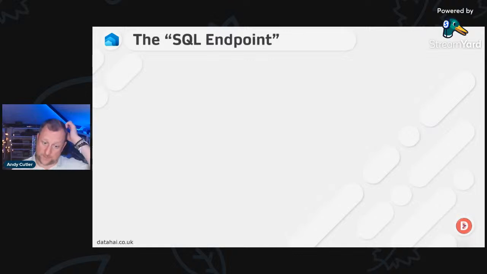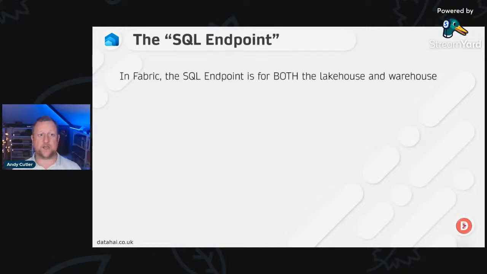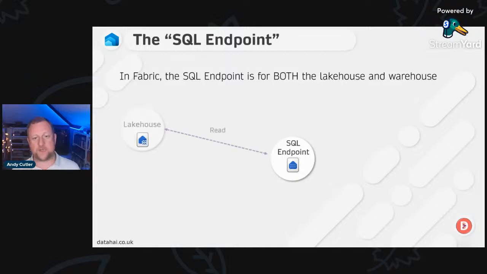Now, with a SQL endpoint, it actually does mean two things. So when people talk about the Fabric SQL endpoint, they could mean the warehouse service, but they can also mean the lakehouse SQL endpoint. So with Fabric, we've got the concept of the SQL endpoint. Now, lakehouse is a Spark construct within Fabric.